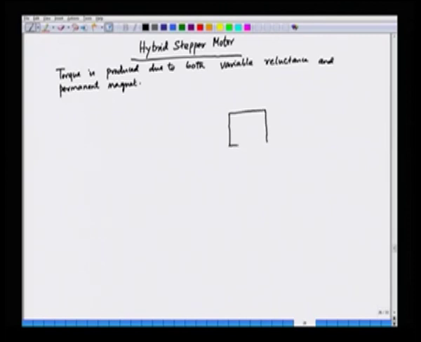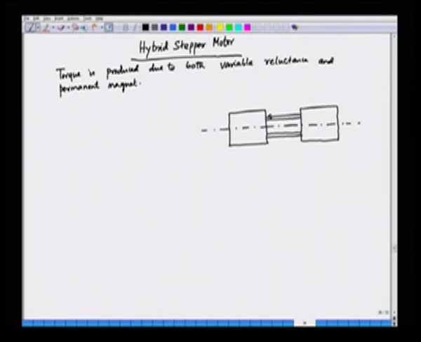This is the rotor, this is another rotor. So, we basically have two rotor sections, and this is a shaft which is connecting the two, and in this case the permanent magnet is placed axially.